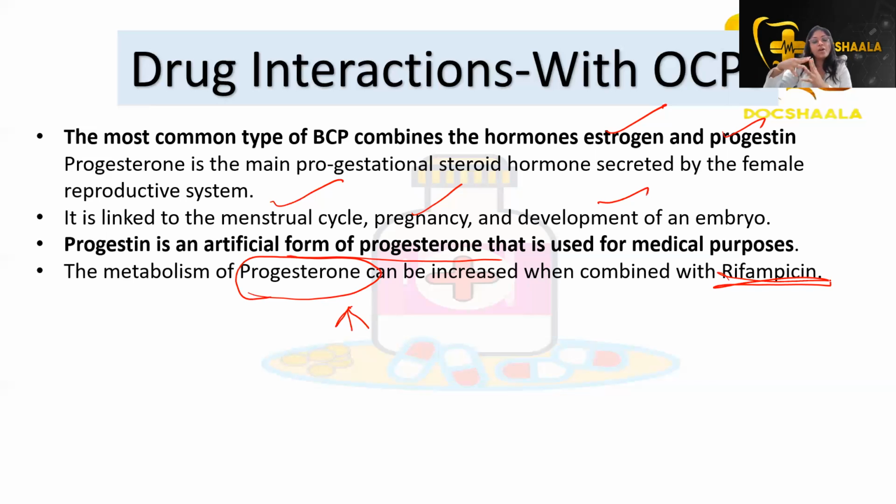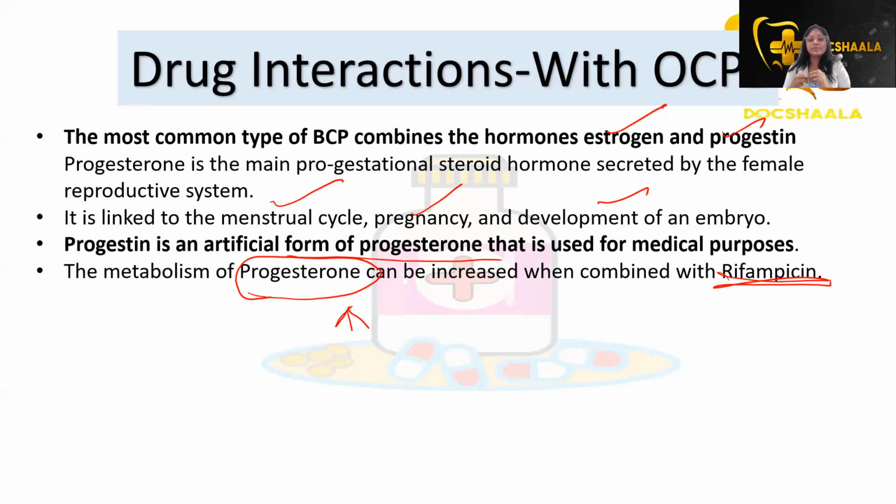We see a spike in progesterone when the female is undergoing a menstrual cycle, or is pregnant, or during the development of the embryo, that is during the child bearing stages. The hormone is naturally spiked in females. But when we combine it with rifampicin, the progesterone can be artificially spiked.